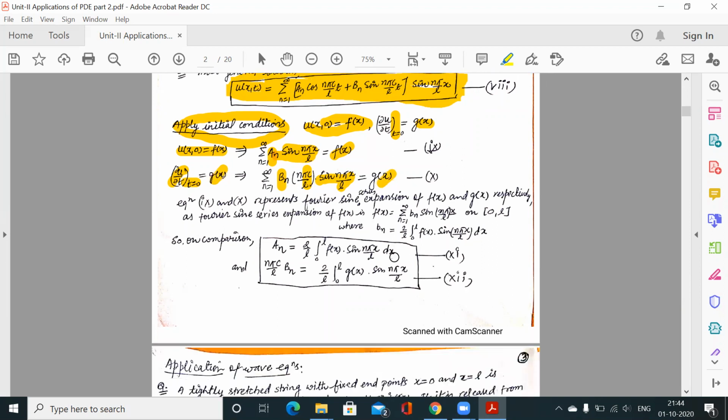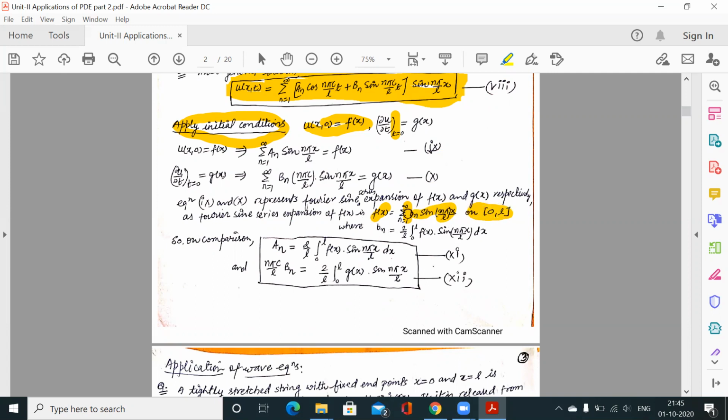Now, if you remember, in the last semester we studied Fourier series expansion, Fourier cosine series expansion, Fourier sine series expansion. The Fourier sine series expansion of f(x) is the summation, n from 1 to infinity, of b_n sin(n pi x by l), when the interval is 0 to l.